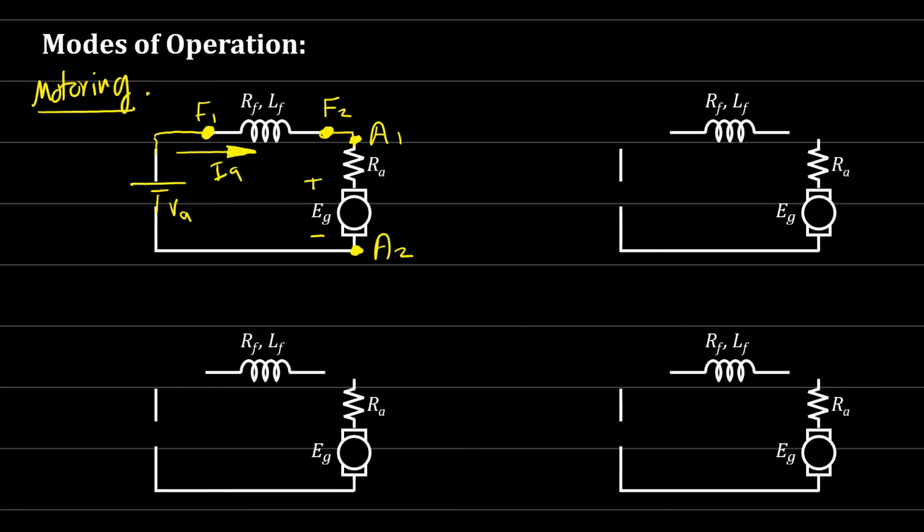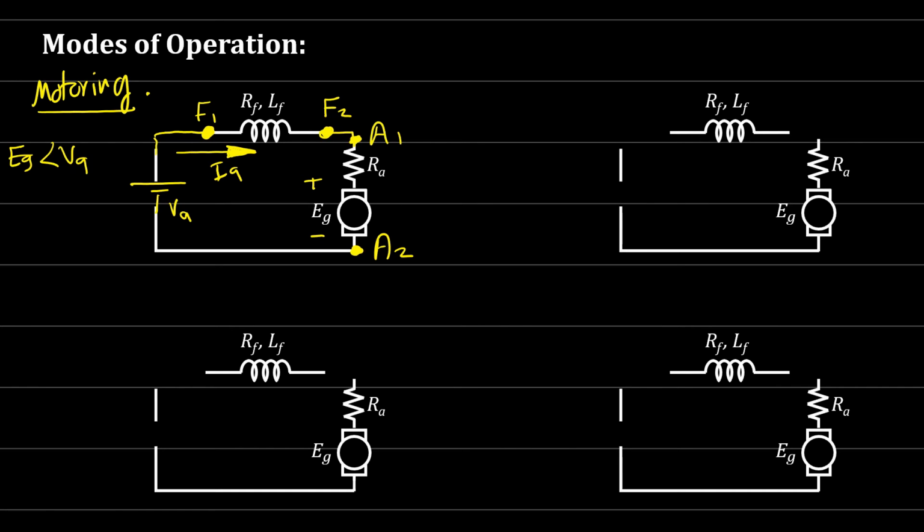And here EG is plus minus, so the motor is speeding. In the motoring condition, of course, EG is smaller than VA, because the input voltage, the armature voltage, is making the motor increase its speed, it's working.